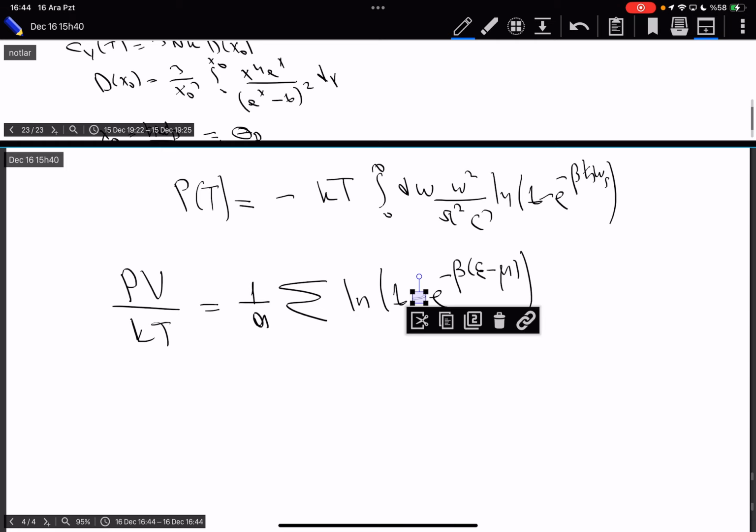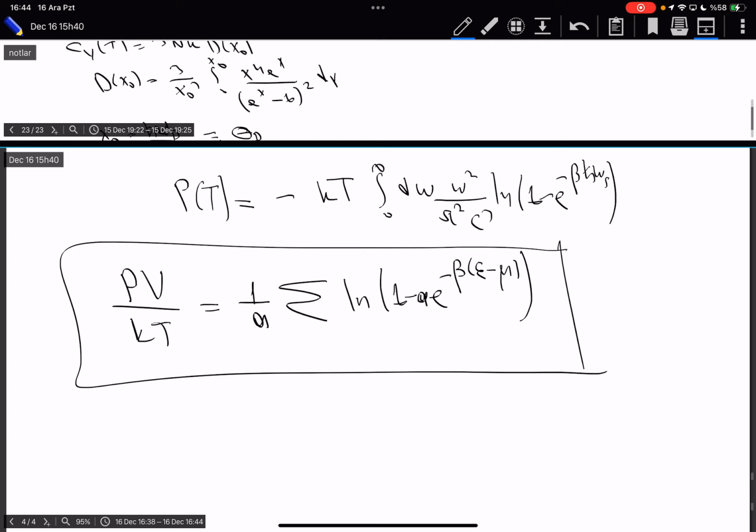There's an A over here. This we had already derived for a general system. There's a minus sign over here. A was 1 for bosons, minus 1 for fermions, and 0 for Maxwell-Boltzmann. You take the limit as A goes to 0.